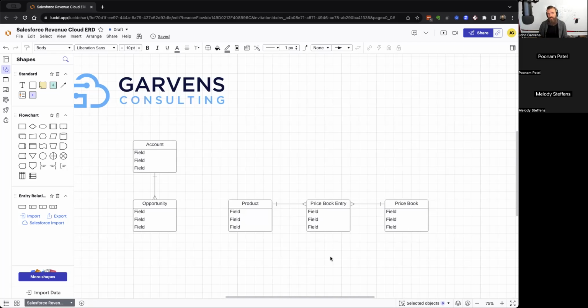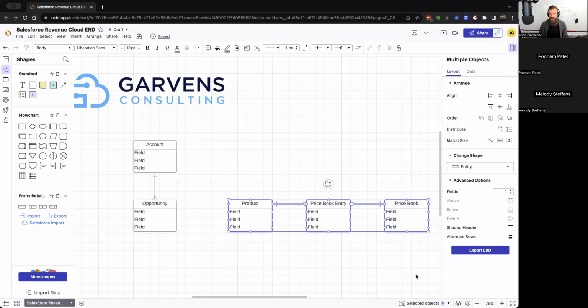Even if I was using core Sales Cloud and I wasn't using CPQ at all, but I wanted to have opportunity products on my opportunity, I would still need to have price book entries and products and price books, because it is this structure, this trilogy, that drives everything. This is the foundation of the entire house that we're building. And if we don't have that whole foundation in place, it's not going to work the way we want it to work.